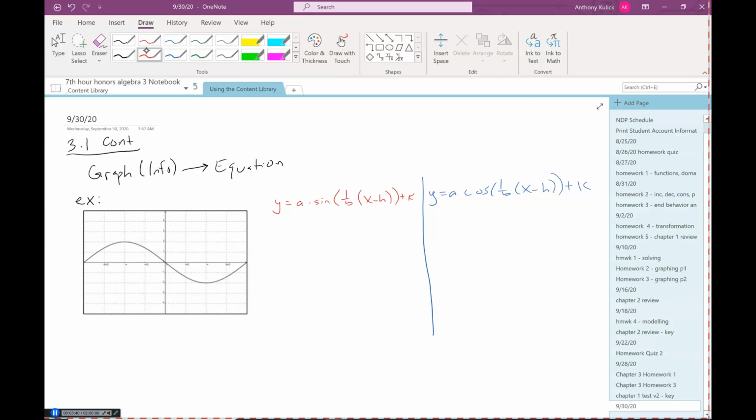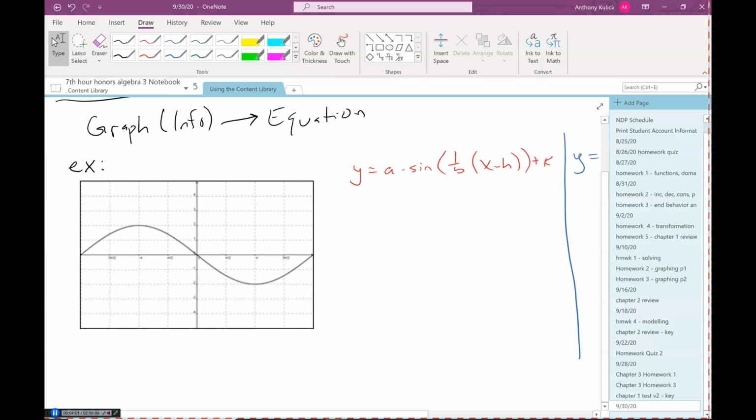Those are the general forms for a sine or cosine function, right? In order for me to do this, I need to figure out the values for a, b, h, and k. I'm going to do that by looking at the graph. I should be able to get all the information I need just by looking at the picture. So I'm going to zoom back in here a little bit.